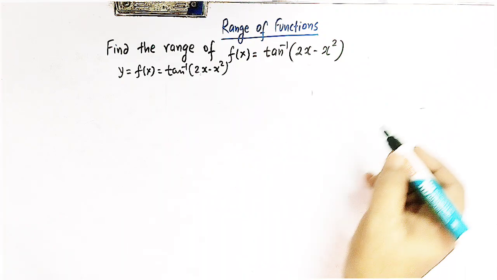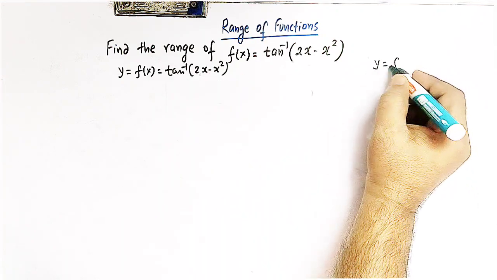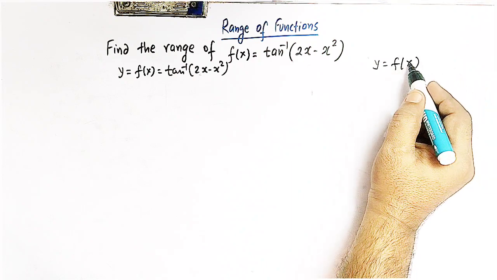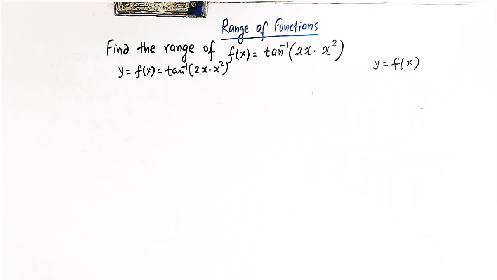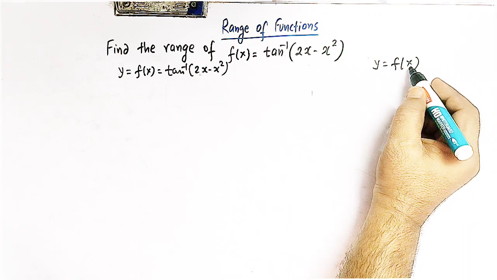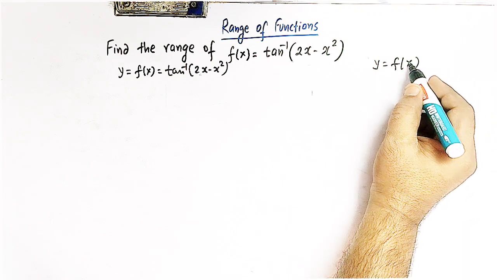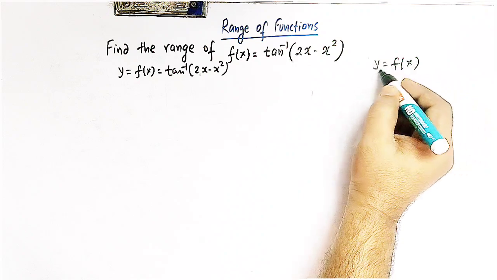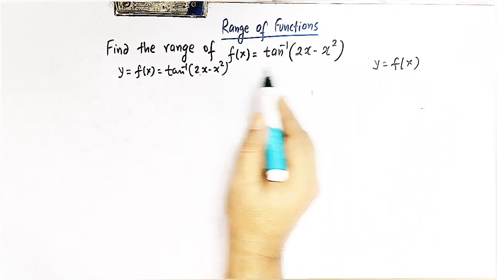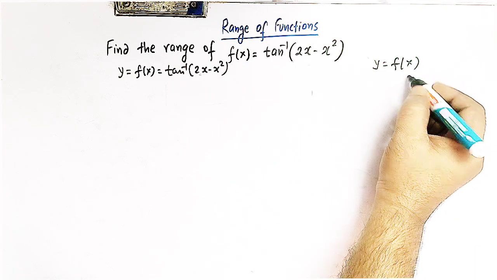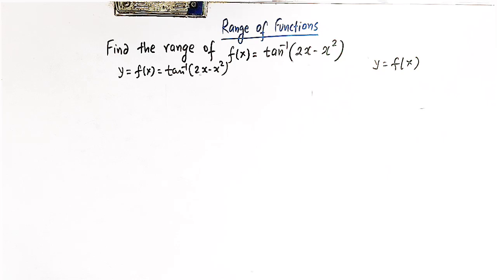Now see, whenever we have a function, say y is equal to f of x, and this x is known as the independent variable and y is known as the dependent variable, then for all valid values of x, we have a corresponding value of y, right? So this y constitutes the range of the function f of x, and all valid values of x are known as the domain of the function, right? So this is the first thing.